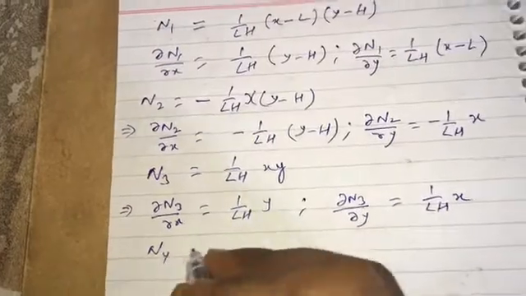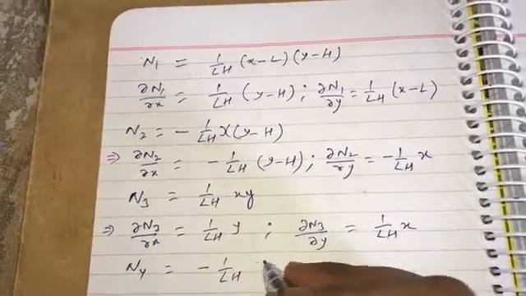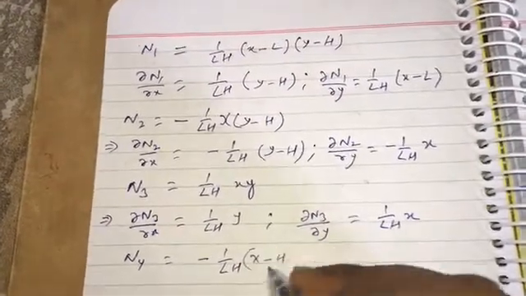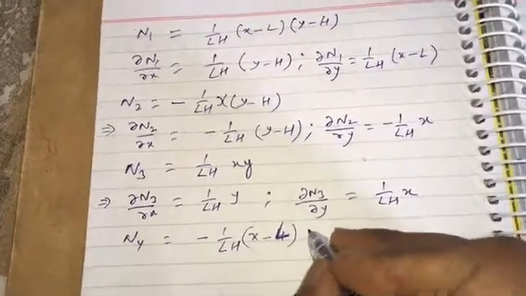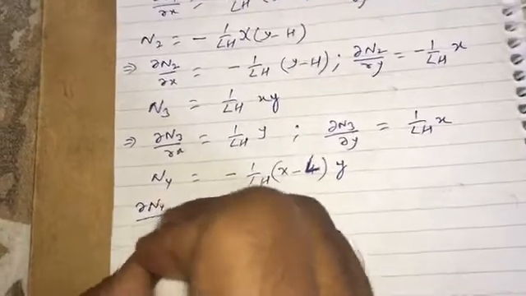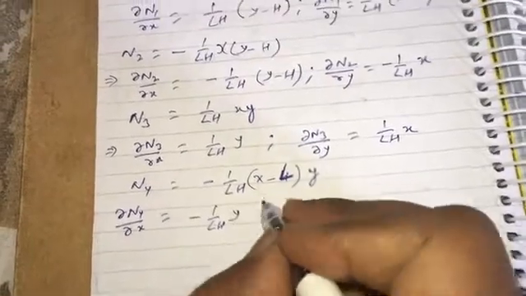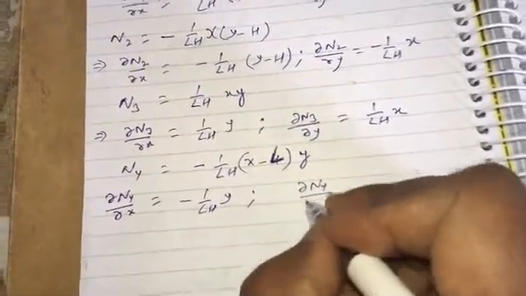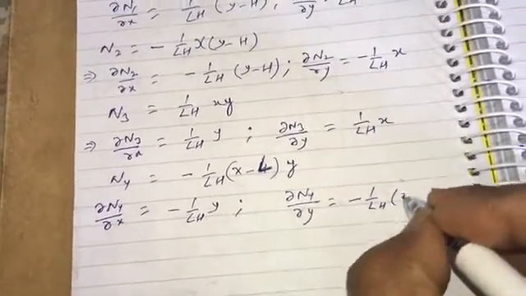Now n4 equal to minus 1 over LH, and then x minus L times y. Okay, so del n4 over del x is equal to minus 1 over LH times y, and del n4 over del y is equal to minus 1 over LH times x minus L.